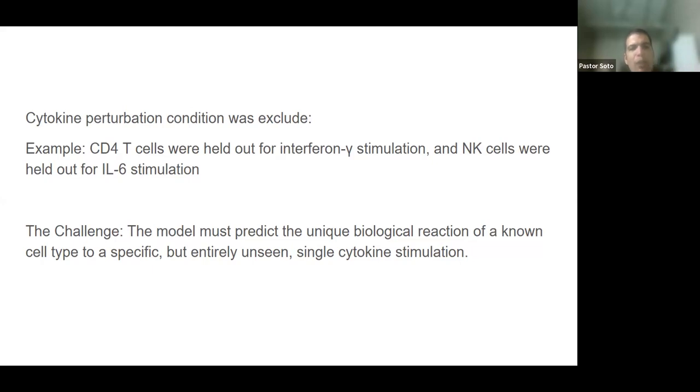So the challenge here was for the model to predict the unique biological reaction of a known cell type to a specific but entirely unseen single cytokine stimulation. So essentially, you know the cell type and some information, but that specific perturbation it hasn't seen in the data, so it needs to generalize to this unseen scenario.